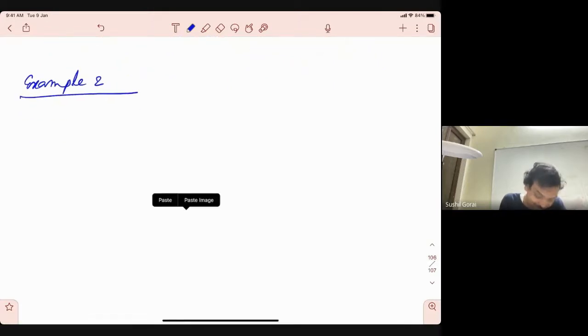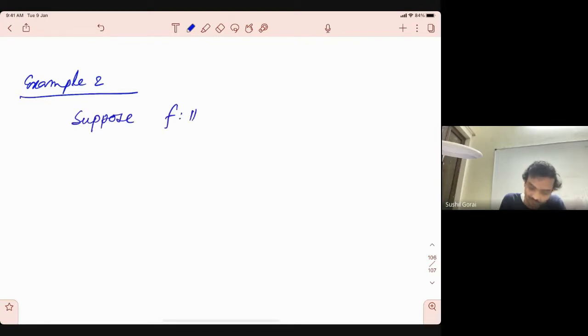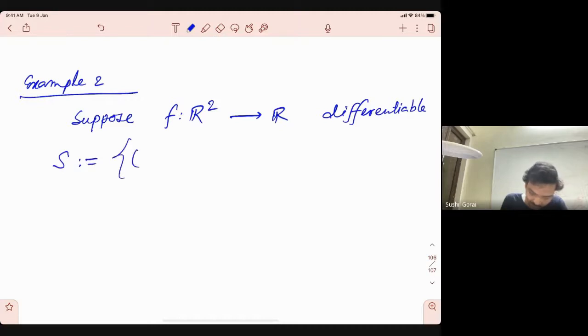Suppose f is from R2 to R, differentiable, and let's look at the set S to be the collection of all (x, y, f(x, y)), the graph.